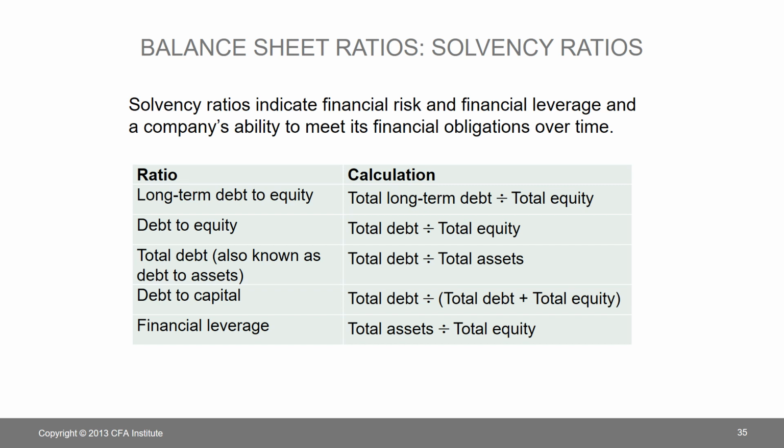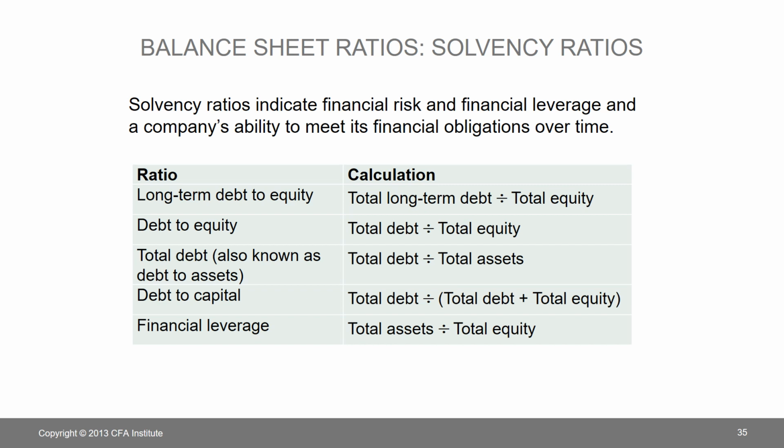For this class of ratio, a higher ratio indicates weaker solvency, and of the ratios listed here, only the total debt, also known as debt to assets, can be found directly on the company's financial statements. So let's look at these one by one.